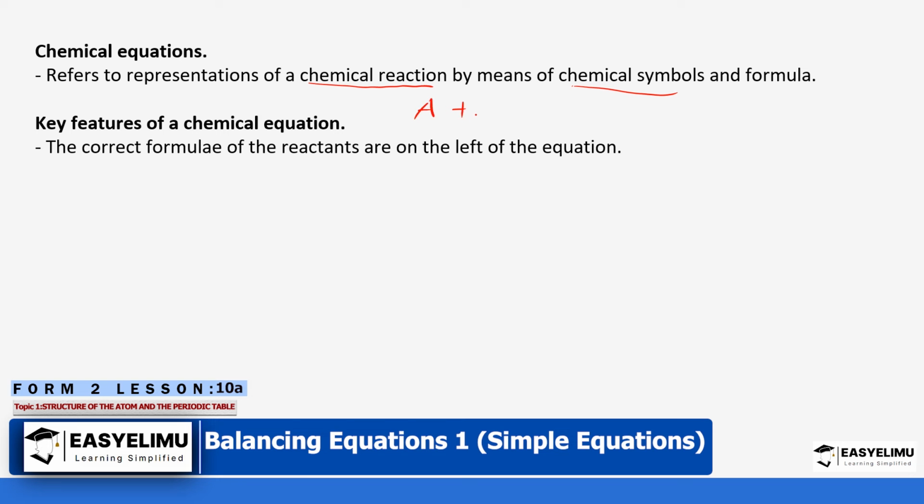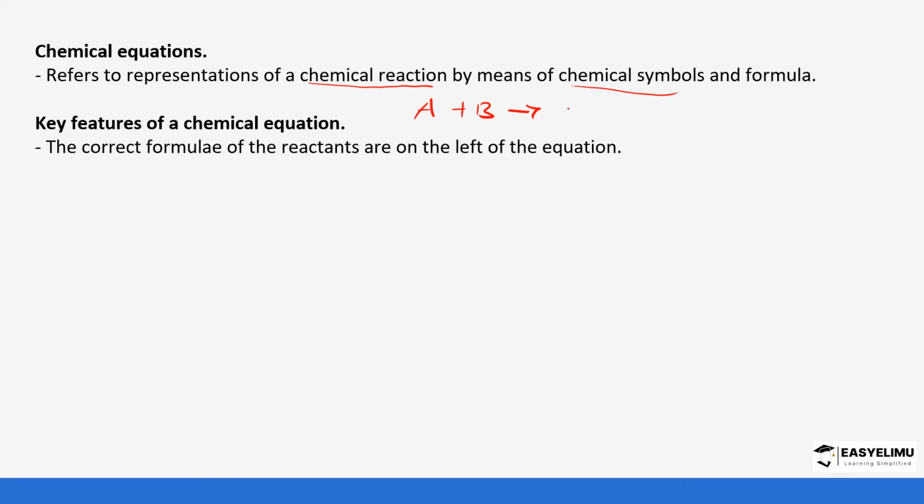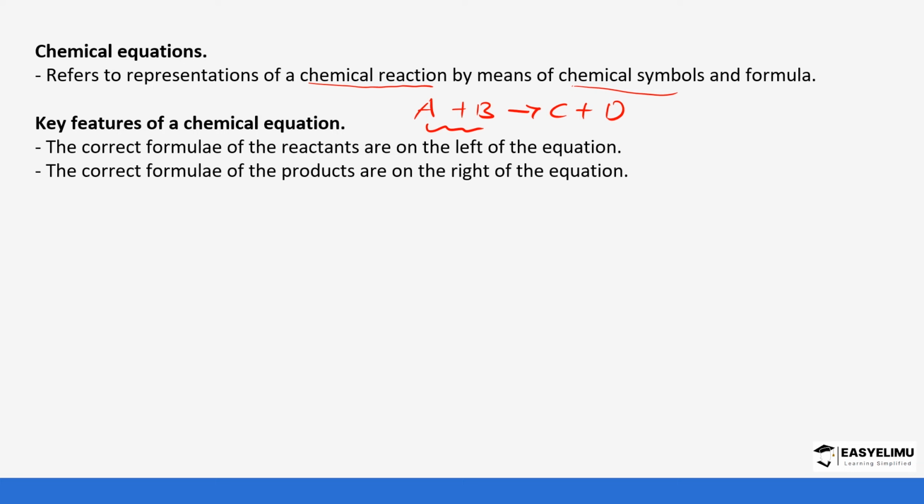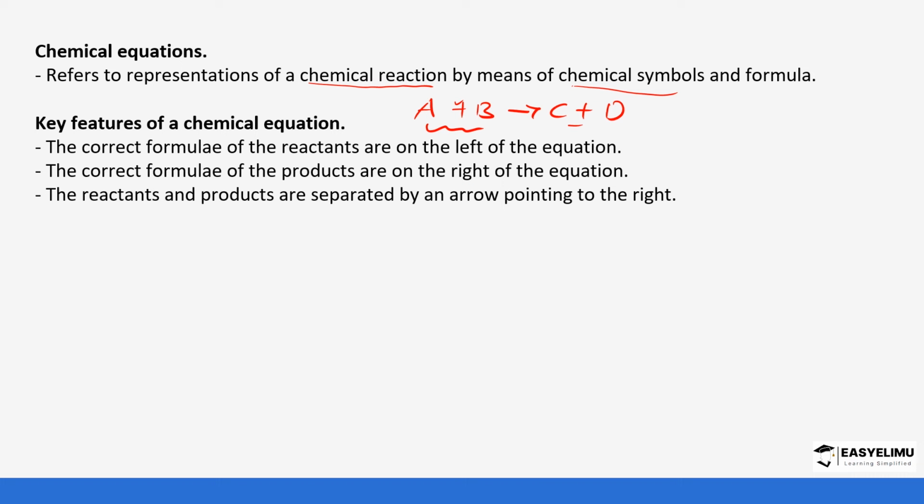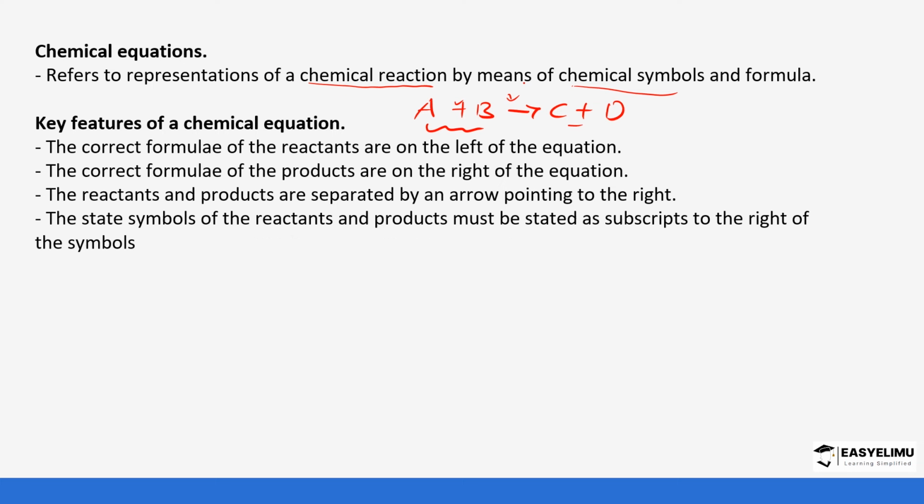So if you were to look at a normal general chemical reaction, you can see we have reactants on the left side. They need to have the correct formulas. And then we have products on the right side. They also need to have the correct formulas as well. The reactants and the products are usually separated by an arrow, as you can see. And then the state symbols are also usually written as subscripts.